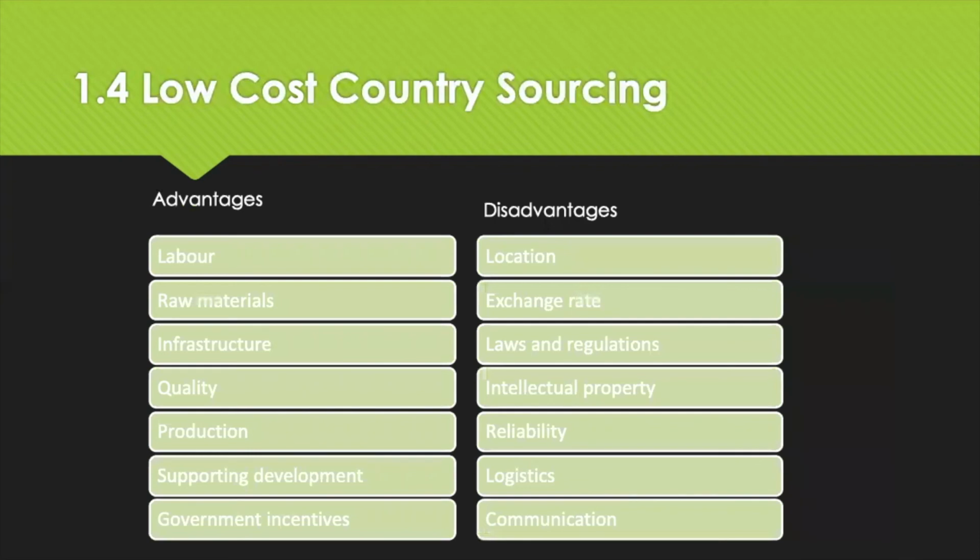And finally, this low cost country sourcing is the accelerated trend towards increasing your sourcing outside markets, fueled mainly by the relentless competitive pressure that is driving companies to find diverse ways to continually reduce cost. So increased globalization has brought with it fewer trade restrictions and tariffs, lowering the costs and inherent risks of doing business with low-cost countries even more.